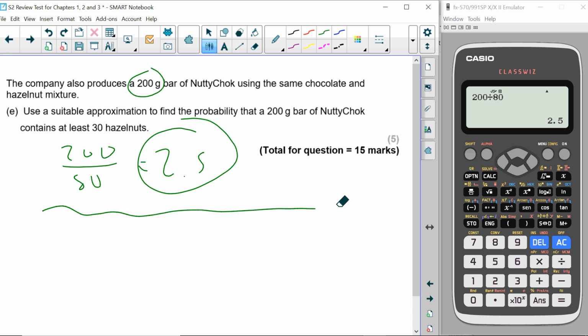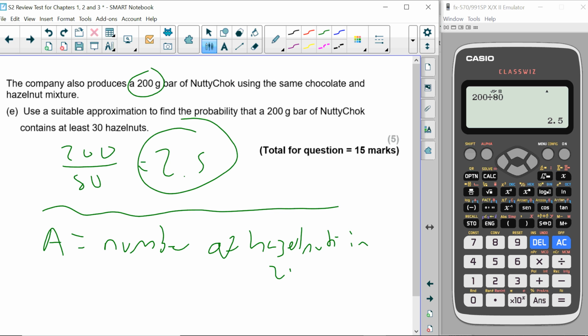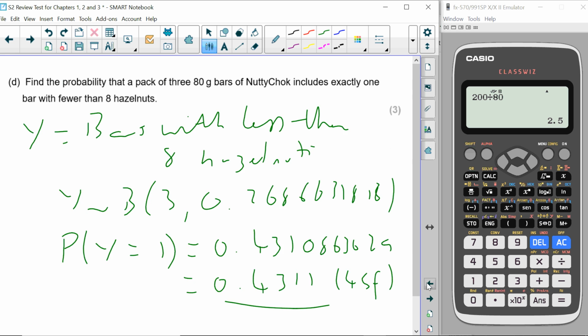So let's say for this new situation, again, I've gone beyond y. I don't want to use z, so I'm going to use a. I'm going to say a is equal to the number of hazelnuts in a 200-gram bar. A is going to be Poisson distributed with, go back to what it was originally.